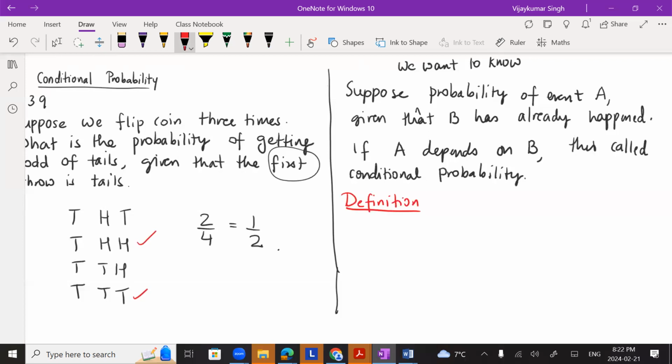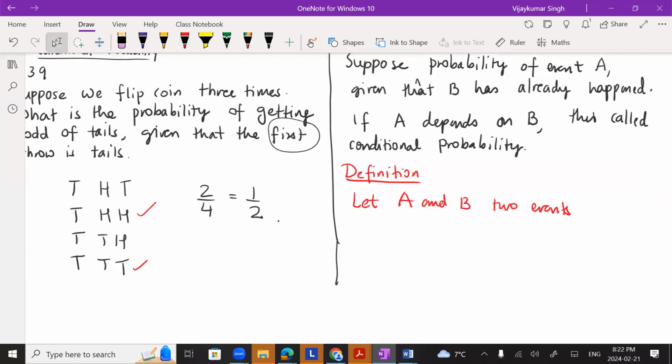Let's see. So here is the definition of conditional probability. Let A and B be two events. Then the conditional probability of A given B, the notation for that is you write it like that.